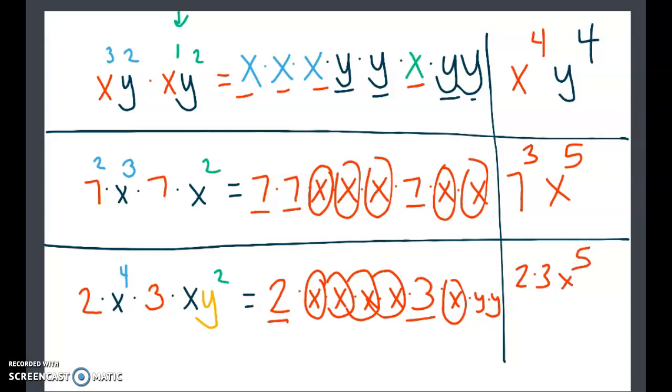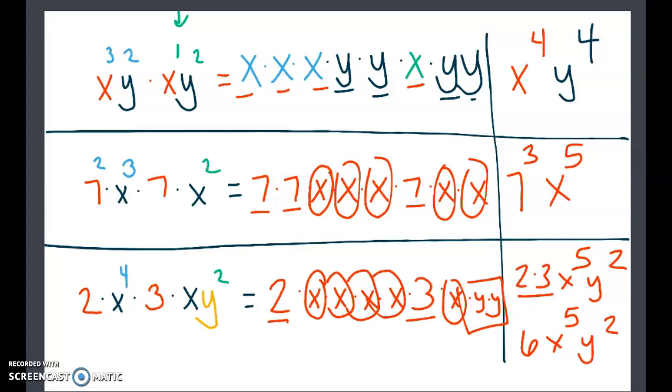And then finally we have 2 copies of y, which would make it y squared. Now this answer is fine, but we can simplify it a little bit more. We know what 2 times 3 is, and that's 6, so we can simplify it more by multiplying those 2 coefficients together since they're both numbers. So our final answer would be 6x to the 5th power, y to the 2nd.